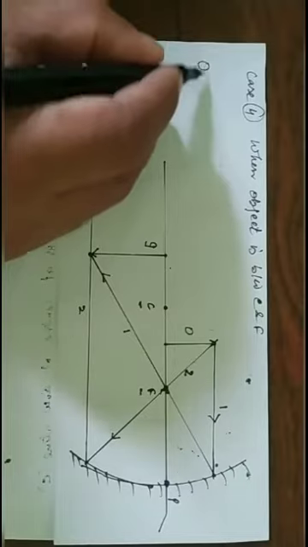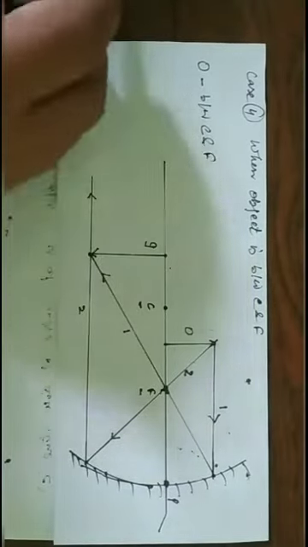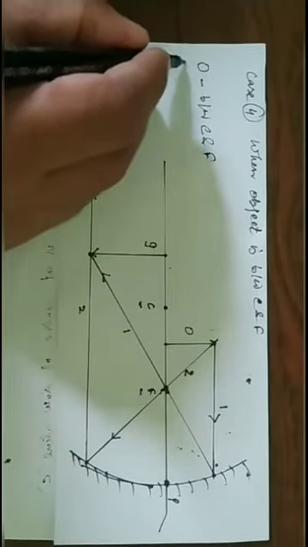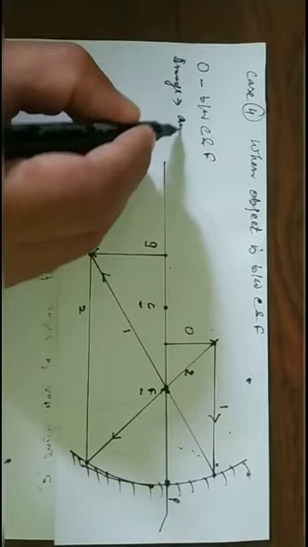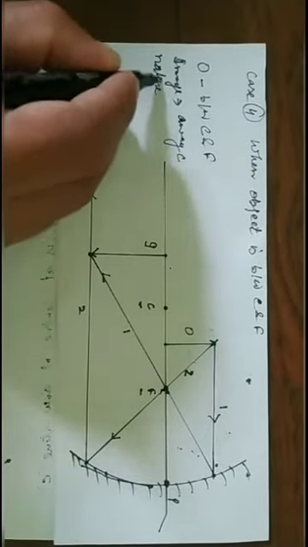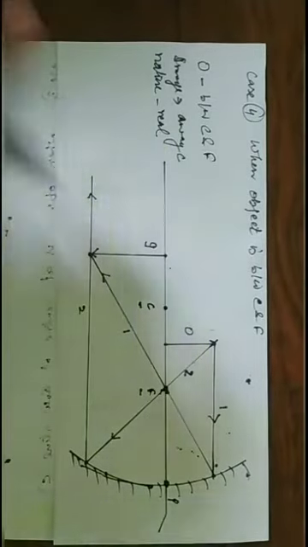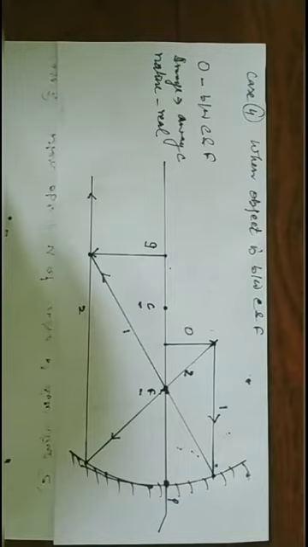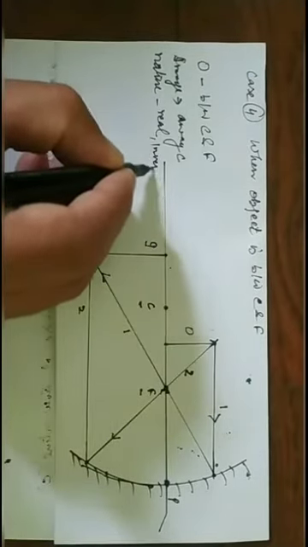So you can see right here, when your object is between center and focus, your image, first, is away from the center. What is its nature? The nature of the image is real, because after reflection the rays are actually meeting at this point, so that is why it is a real image, and a real image is inverted.